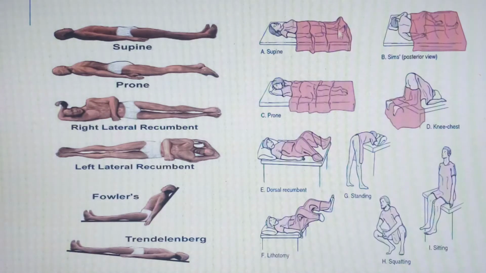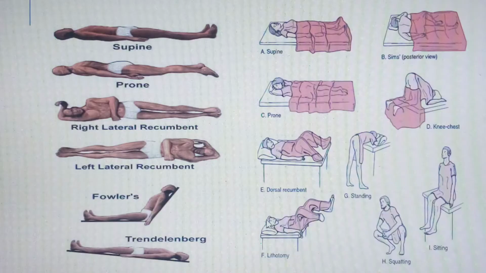So there we are: in the hospital bed, supine position, prone position, dorsal recumbent position. And this one is very important: lithotomy. Lithotomy position is very important during childbirth, and also during gynecological examination.